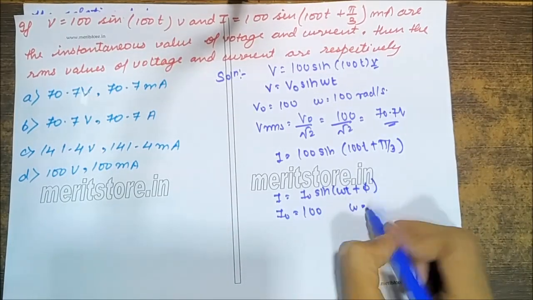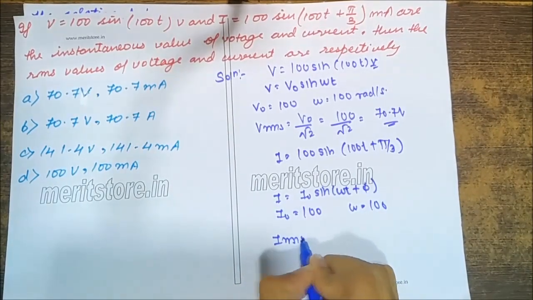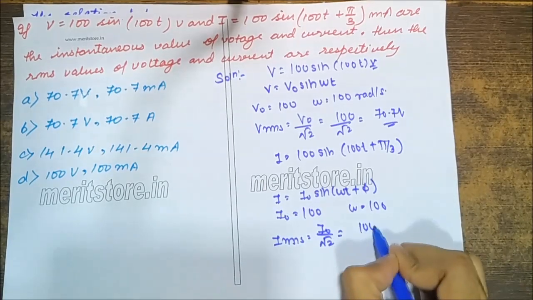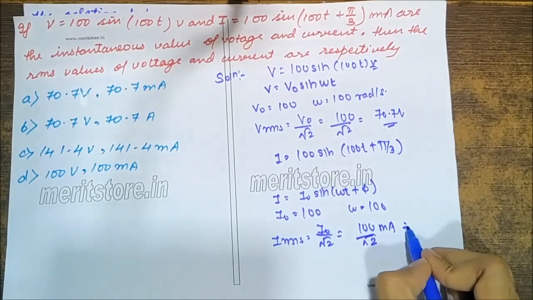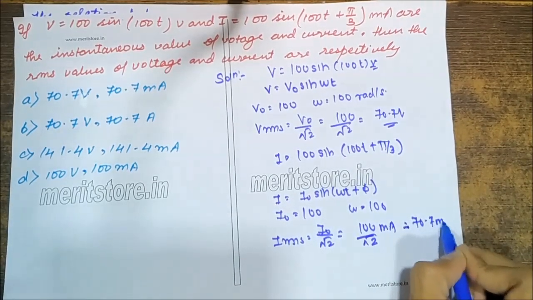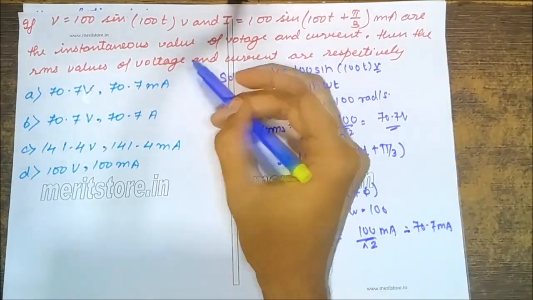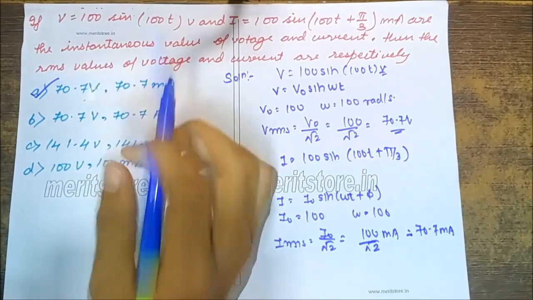The relation of the IRMS current with the peak value of the current is I naught upon root 2, where I naught is 100, so 100 upon root 2 milliamps, which is nothing but 70.7 milliamps. So 70.7 volts and 70.7 milliamps is the option. So that is the correct option.